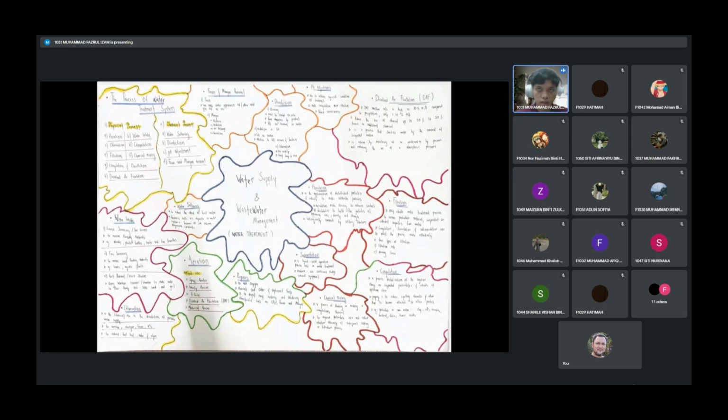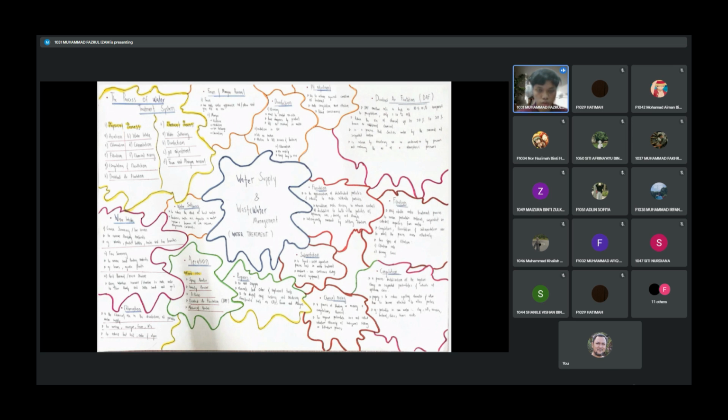The physical process contains 9 processes, and some examples are water intake, aeration, chlorination, sedimentation, and so on. And then the chemical process, which contains 4 types of process: ferrum and mangan removal, water softening, disinfection, and pH adjustment.